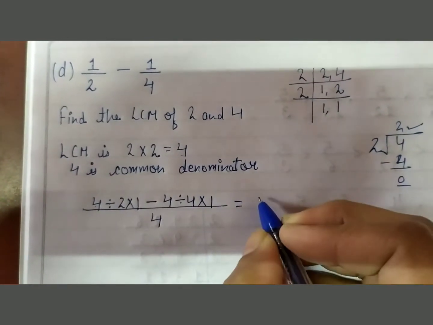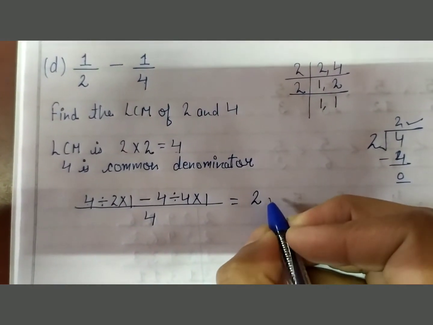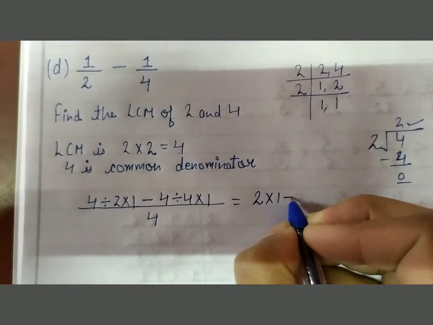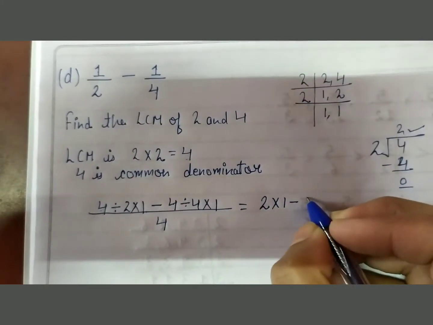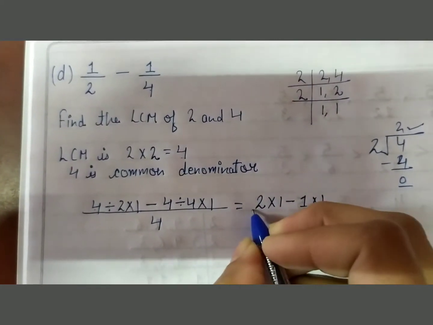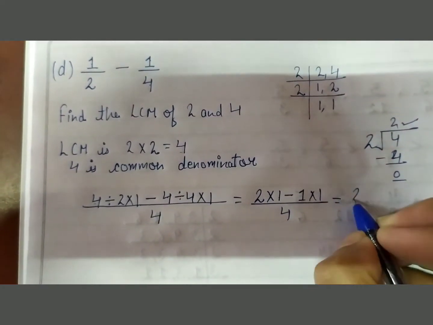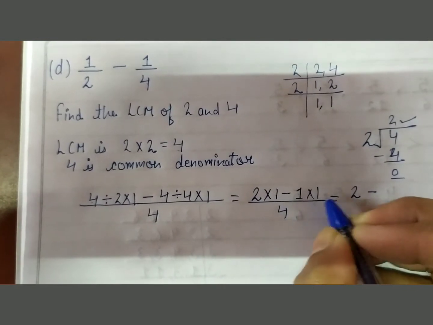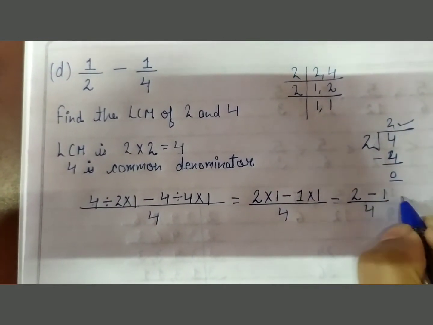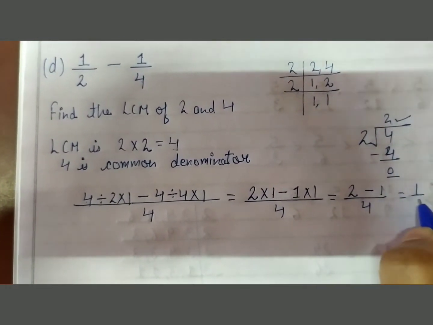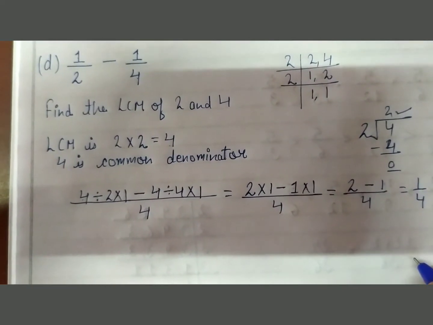Answer is 2. Write 2 multiply 1 subtract 4 divided by 4, 1 multiply 1 upon 4. 2 multiply 1, 2, minus 1 multiply 1, 1 upon 4. 2 minus 1, 1 upon 4. This is the answer.